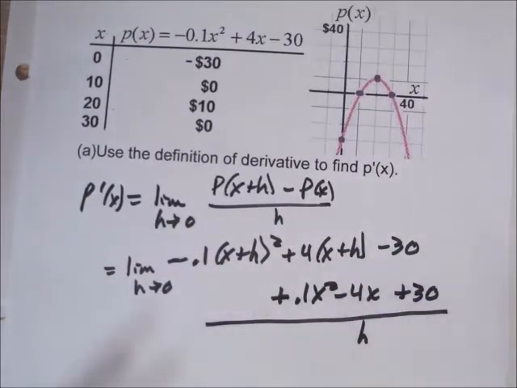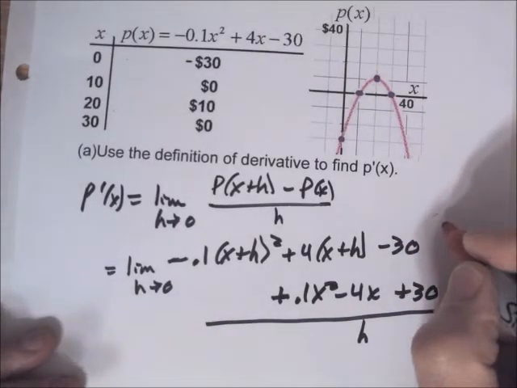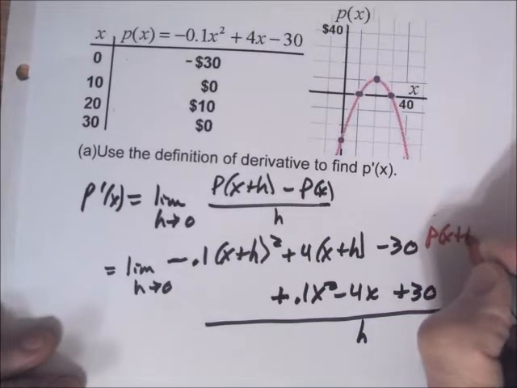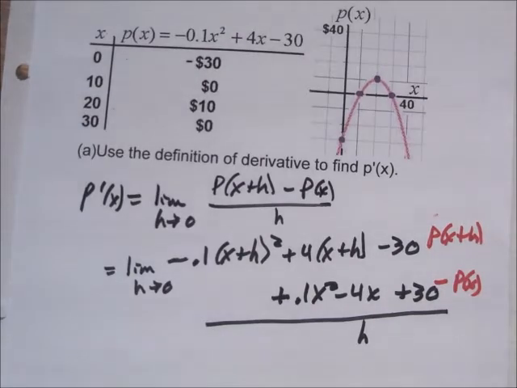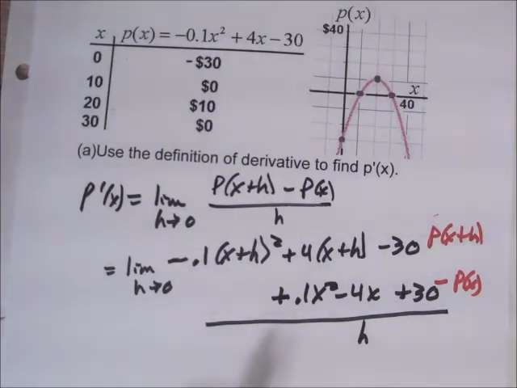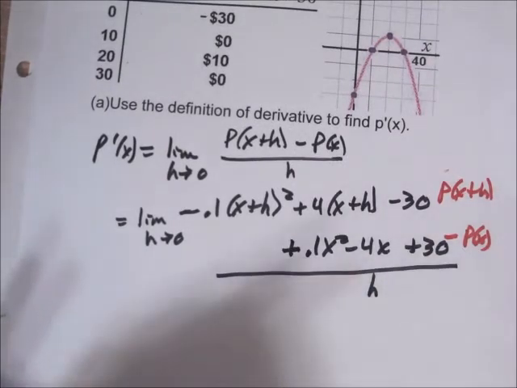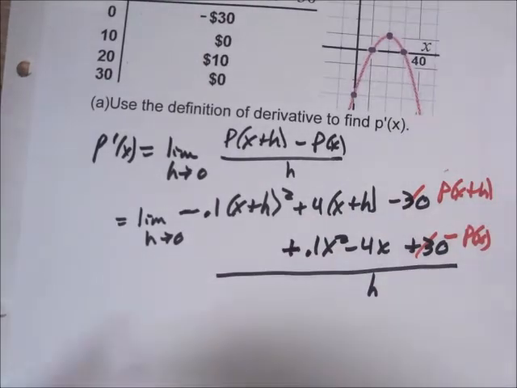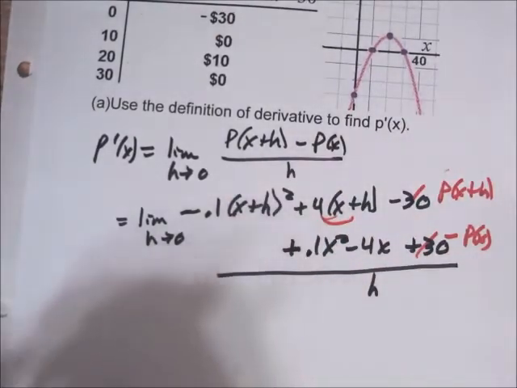So this numerator is p of x plus h, and then minus p of x, the second three terms. So the plus 30 and the minus 30 will cancel. We can distribute the 4 and expand also the x plus h squared.